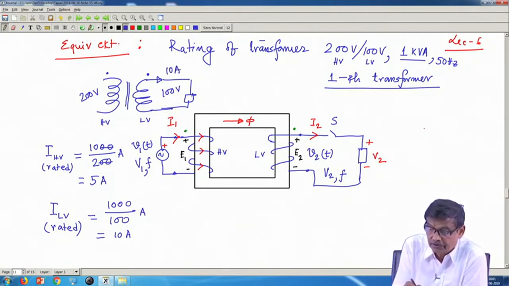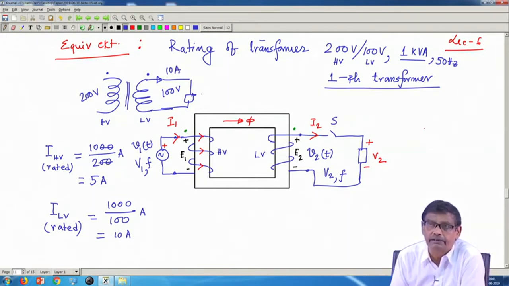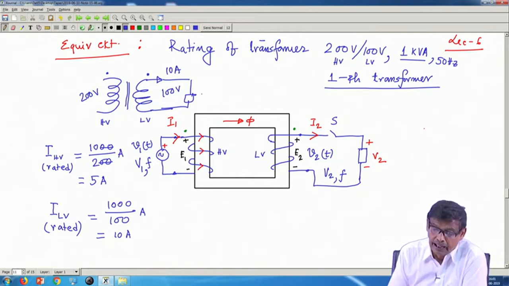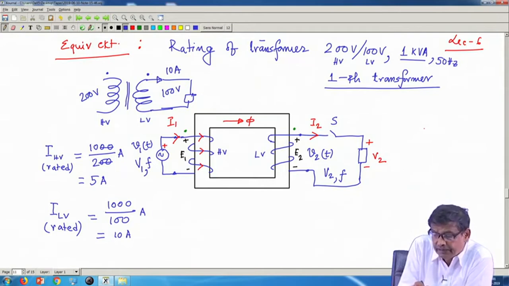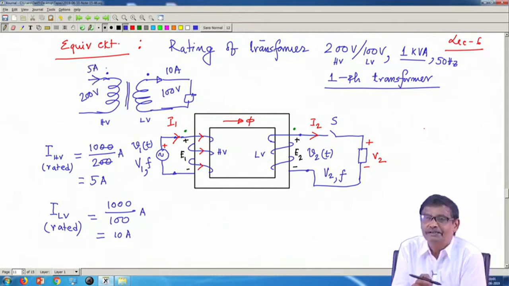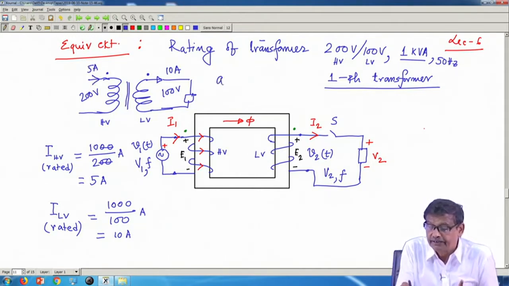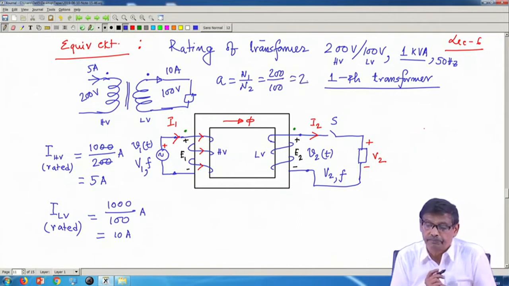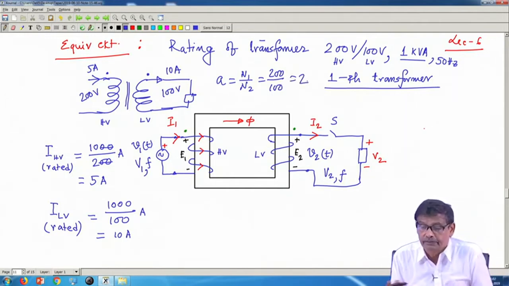Your load current must be less than or equal to 10 ampere. So do not connect any impedance that exceeds it. When it delivers this rated current I LV rated, rest assured you do not have to do anything, your primary at that time will carry 5 ampere. That is what we have learned. If 10 ampere goes, what is the value of a? a is N1 by N2, which is equal to V1 by V2, which is equal to 2. Is it? That is all.